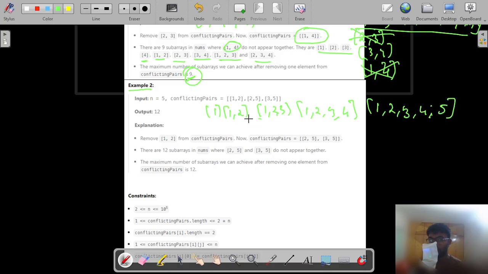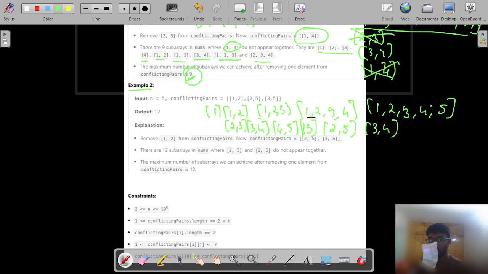We will also be having combinations of [2, 3], [3, 4], [4, 5] and [1, 5]. So these are all the possible combinations that can be done. So 2 5, we have not seen 3 5.